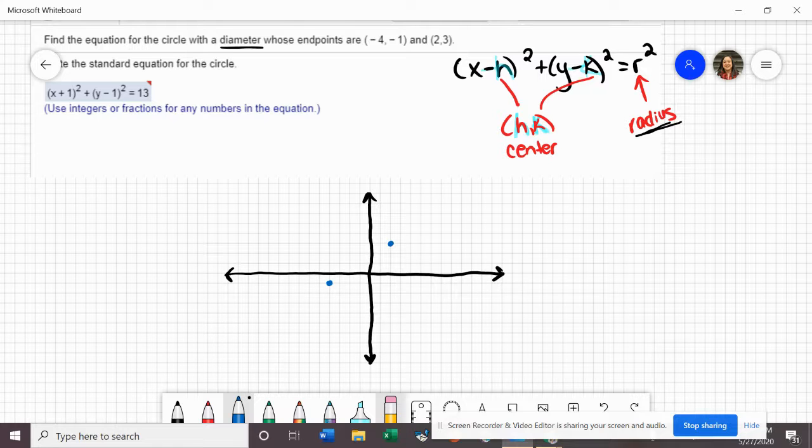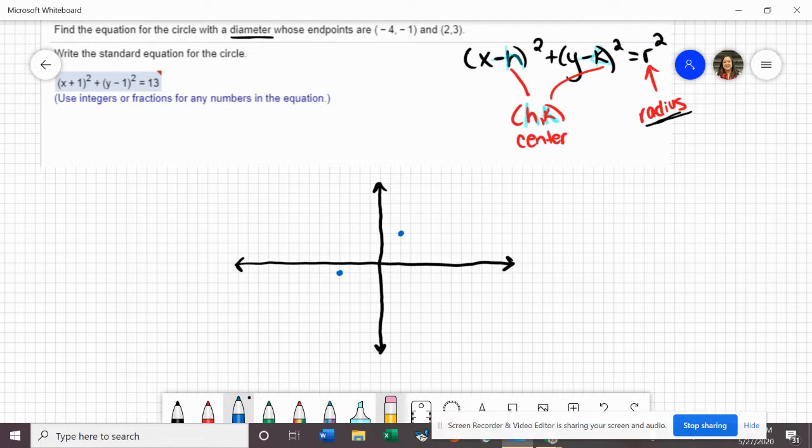So we have to go back and use an equation that is not really evident in the equation of a circle, but what you need to do is find the midpoint. You have to understand what it is that we're finding here. That center is between those two points. So I need to find the midpoint of these two points.